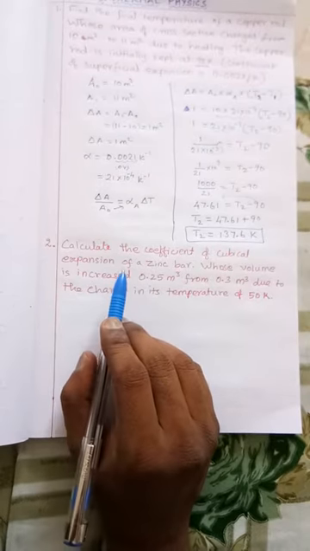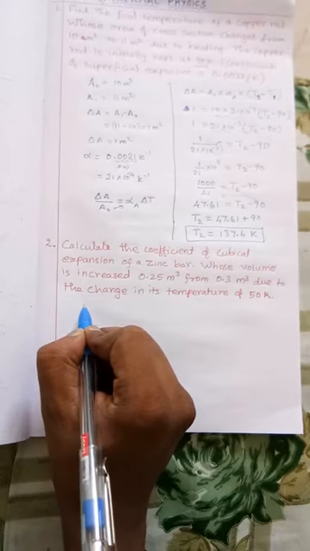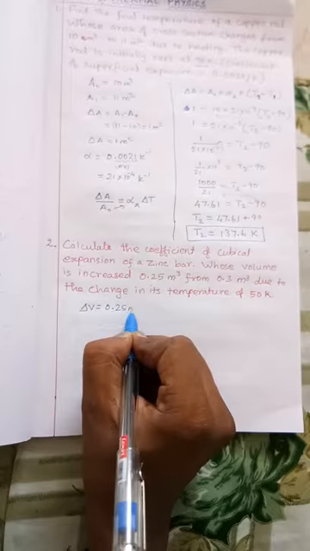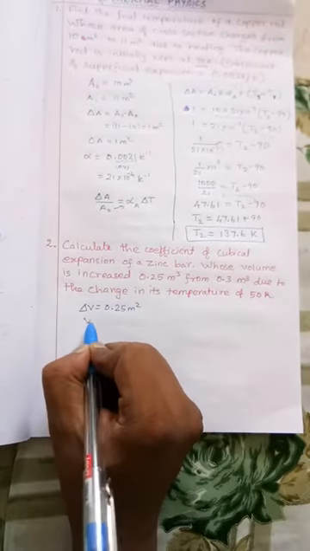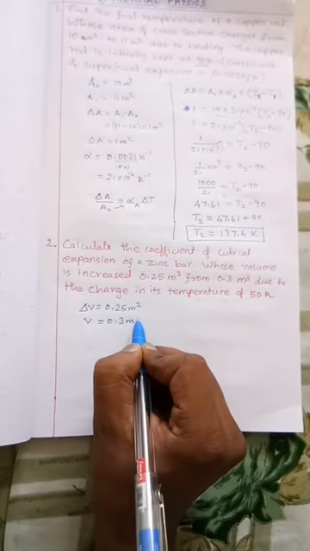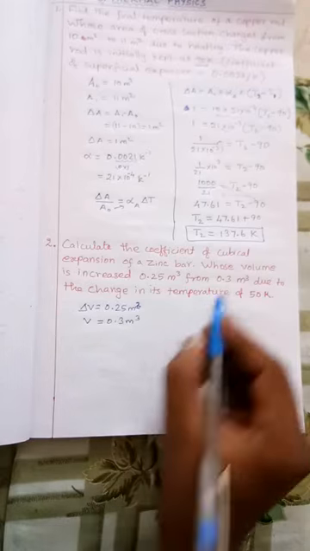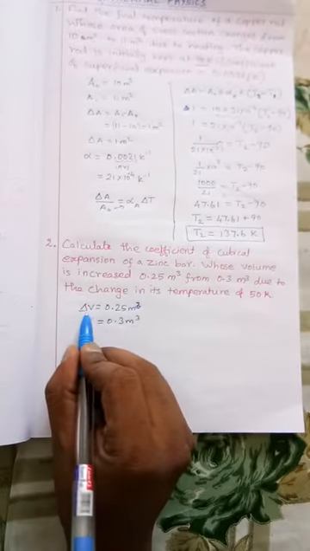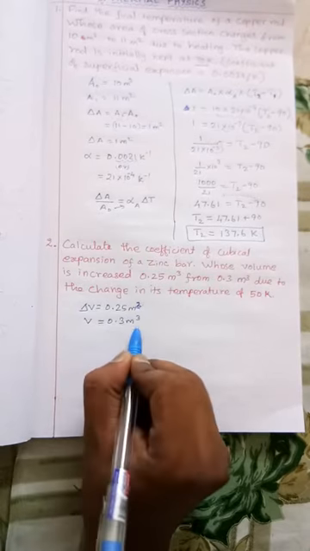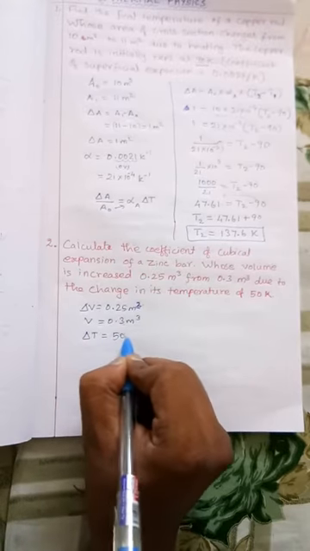Here the change in volume, delta V, is given, 0.25 meter cube. The initial volume is given, 0.3 meter cube. The change in temperature is also given, 50 Kelvin.